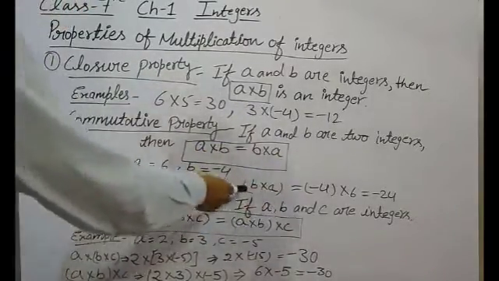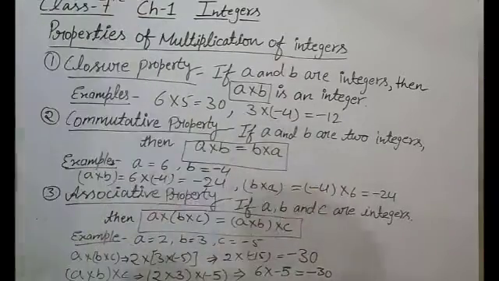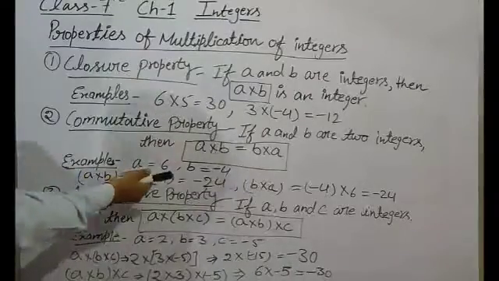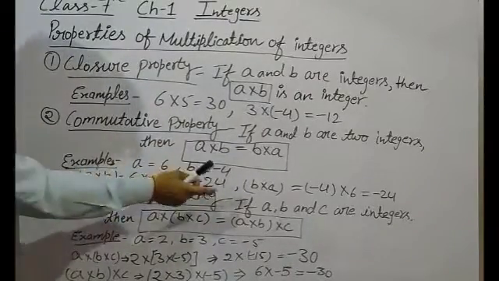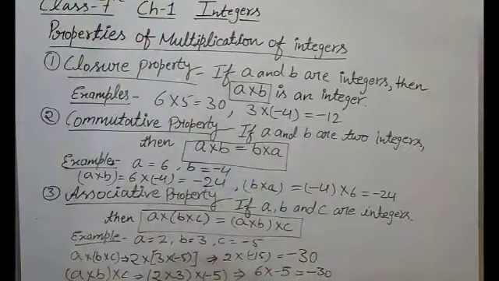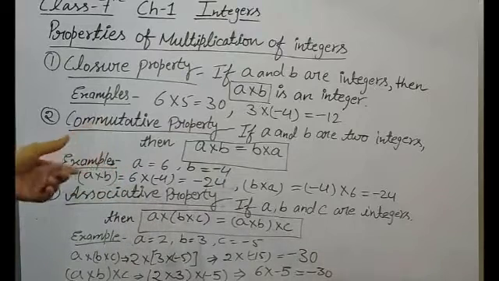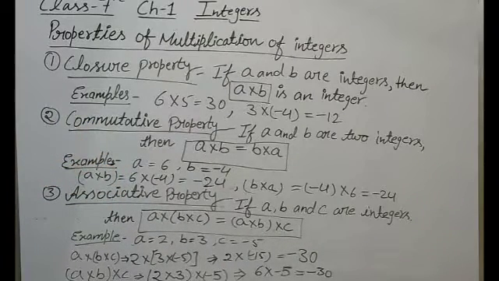So the value of b is minus 4 and a is equal to 6. After multiply we get minus 24. So see here, a multiply b is equal to minus 24 and b multiply a is also minus 24. There is no change after multiply and after replacing their places. So it is commutative property.